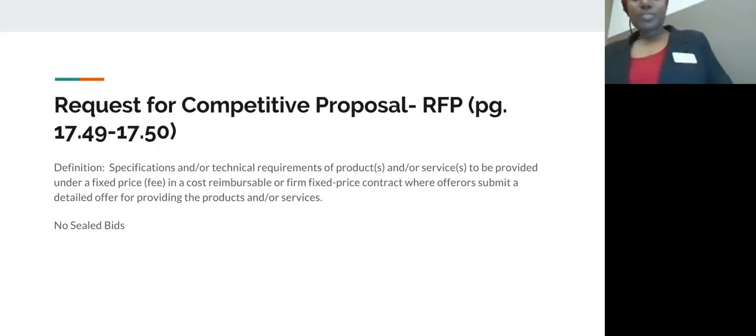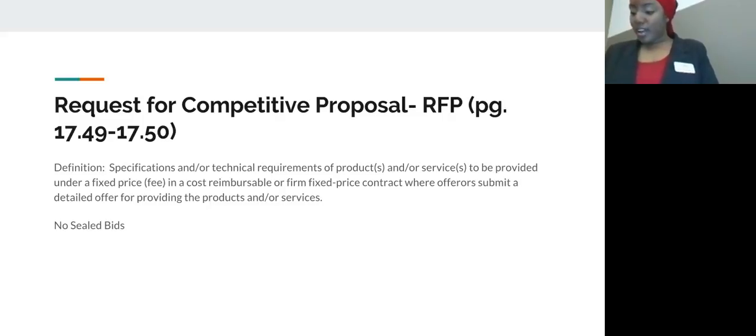Okay, so requests for competitive proposals. This can be found on pages 1749 through 1750. Primarily, for requests for proposals, RFPs, there are specifications and or technical requirements of products and or services to be provided under a fixed price or a fee in a cost reimbursable or firm fixed price contract, where offerors submit a detailed offer for providing products or services.